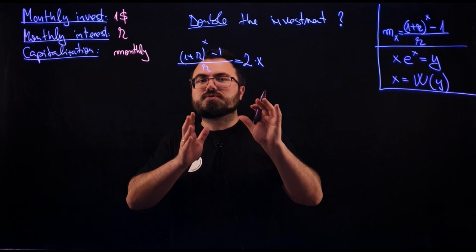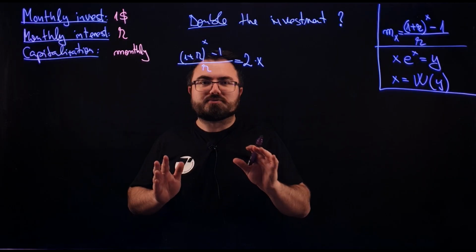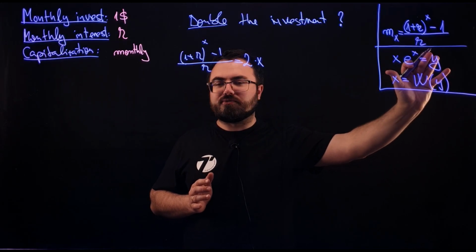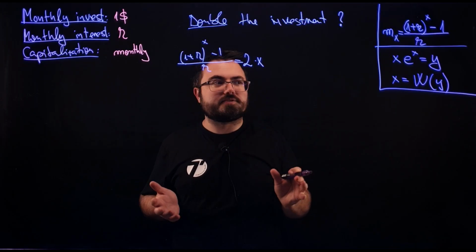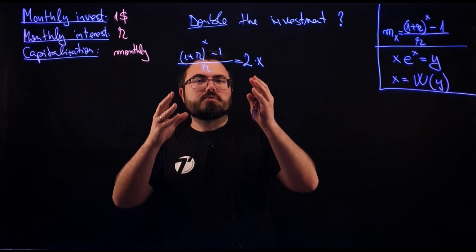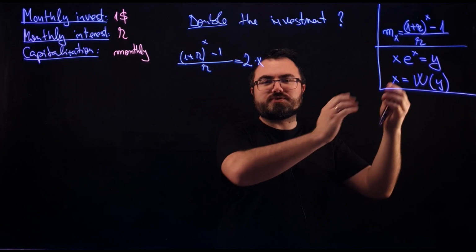First of all, this is not going to be solved with our regular logarithm, exponential, and trigonometrical classic functions. We will need, obviously, the Lambert W function, because otherwise, why would I put it here? What we want to do is reduce this equation to something that looks very similar to x e^x = y.